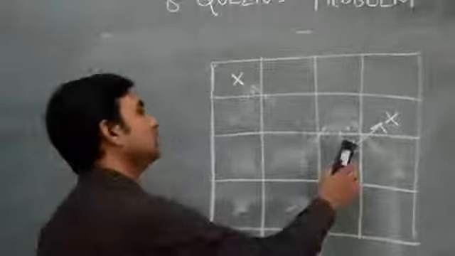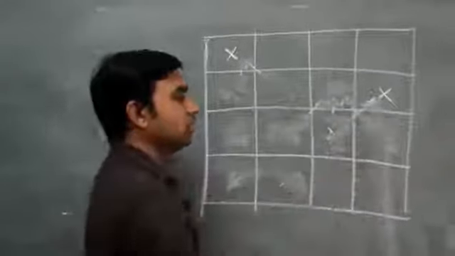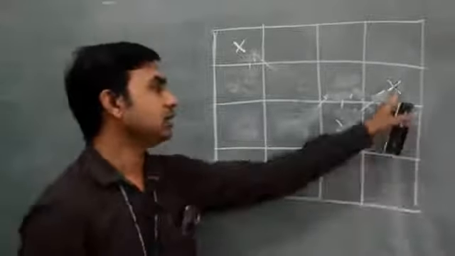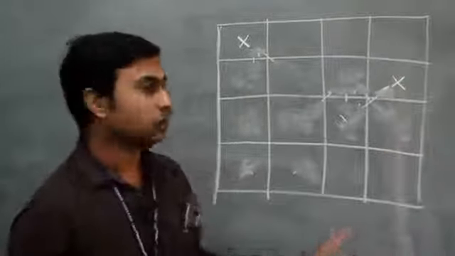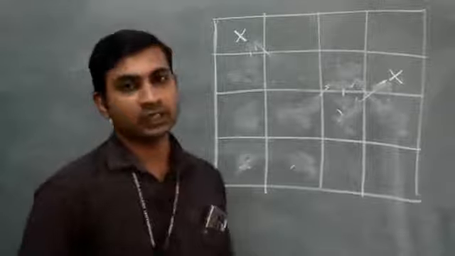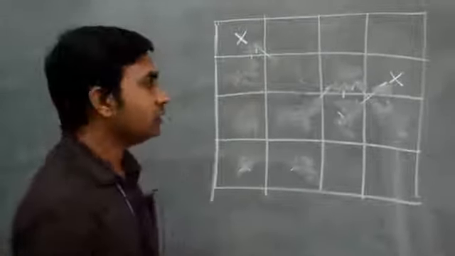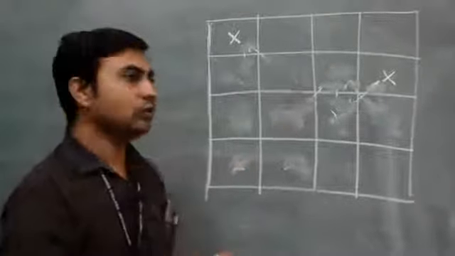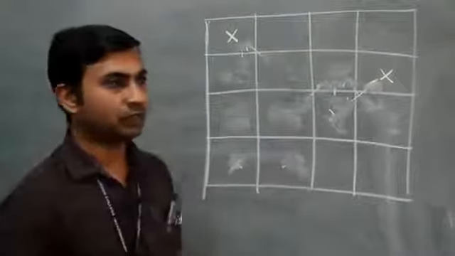So what do you have to do? Take this queen and move to the next place, and we find that already there is a threat in the same column. So once again we have to use backtracking, which means go back to the previous step and move the queen to the next position.